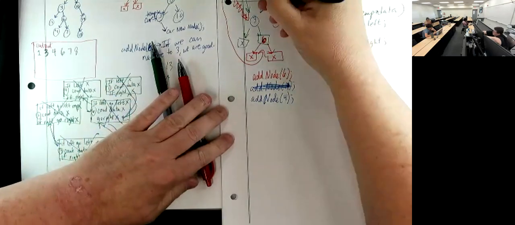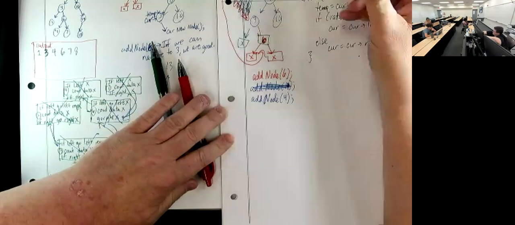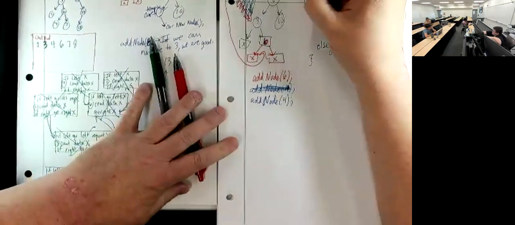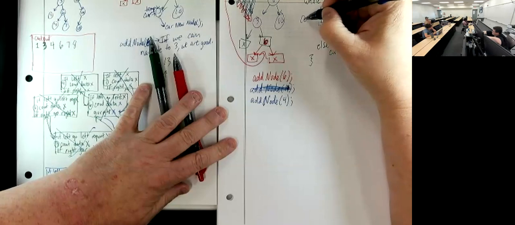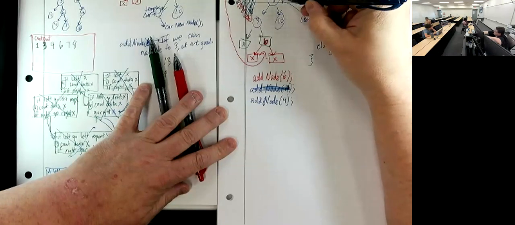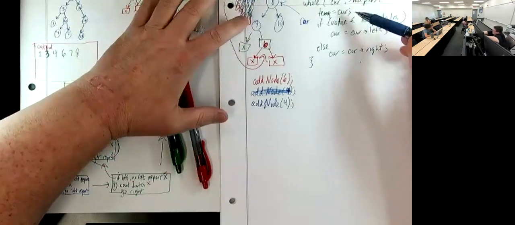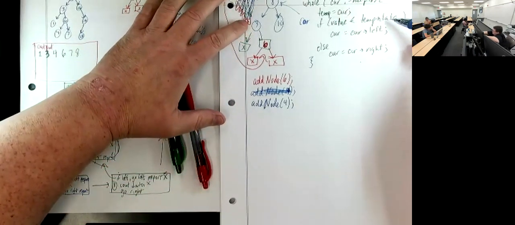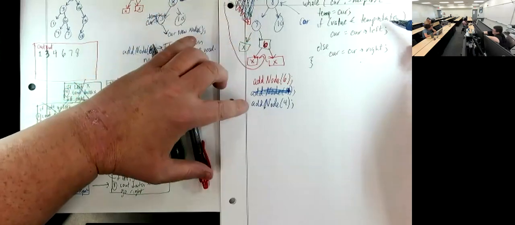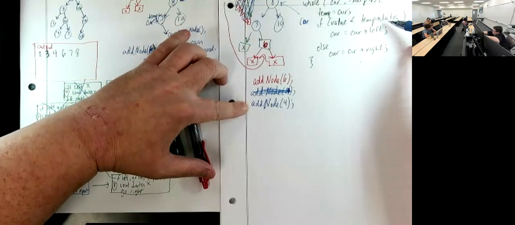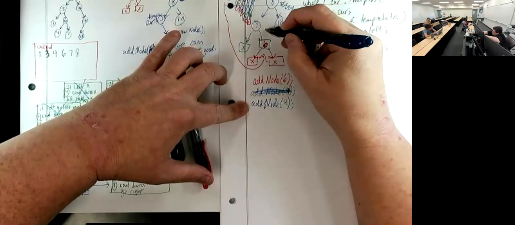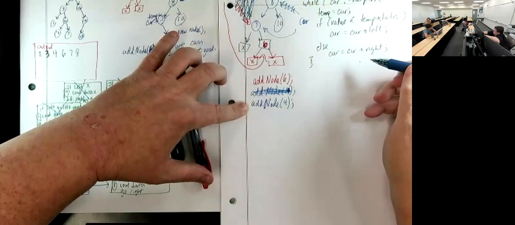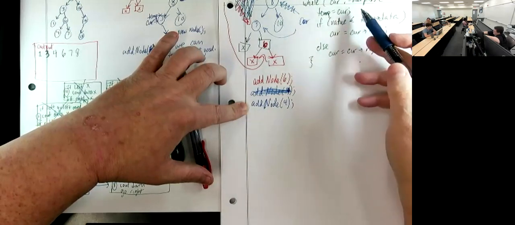So let's figure out how this is going. We'll do it on the left. On the right side here, temp and current are both pointing at 8 at first. Current is not a null pointer, so it goes to the value check. 4 is less than 8, so current equals current left. That pointer goes away, current comes down there, and we go to the loop again.